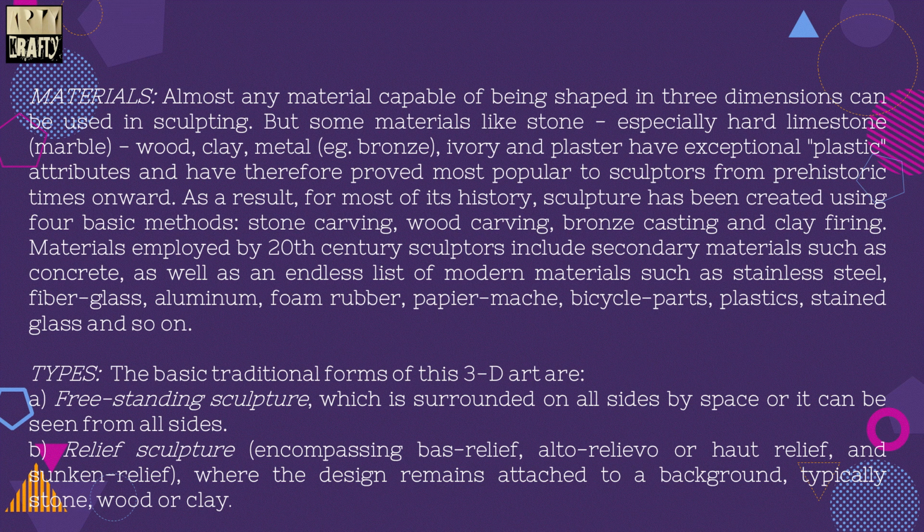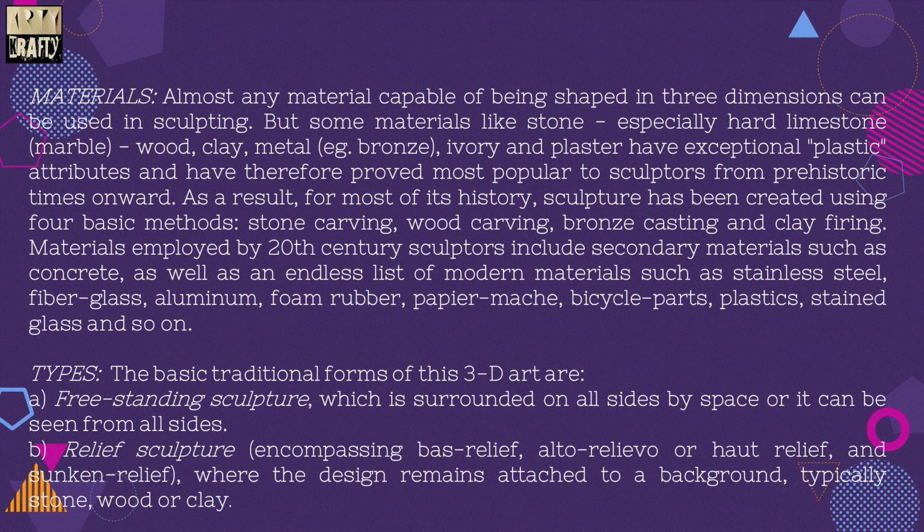Types. The basic traditional forms of this 3D art are freestanding sculpture, which is surrounded on all sides by space or can be seen from all sides.